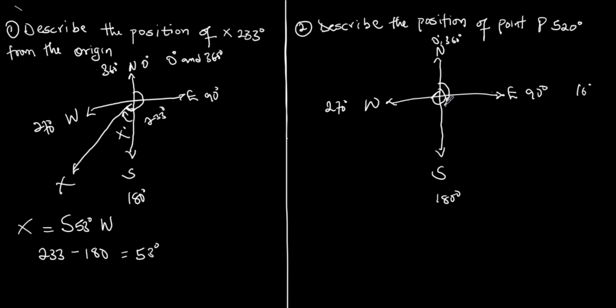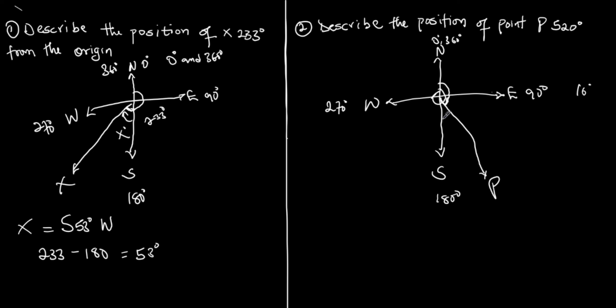So we draw the line P. So this is our point P now. Remember, to measure P, we can't start from the east. We have to start from the south going towards the east, then we meet P on the way.